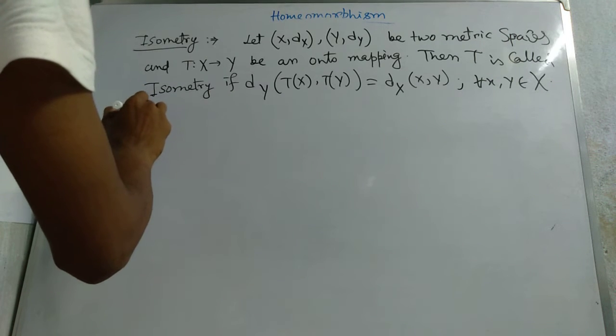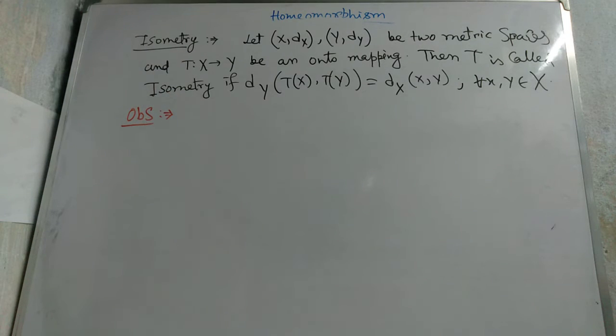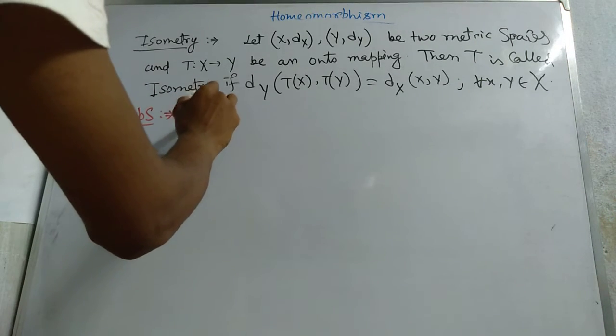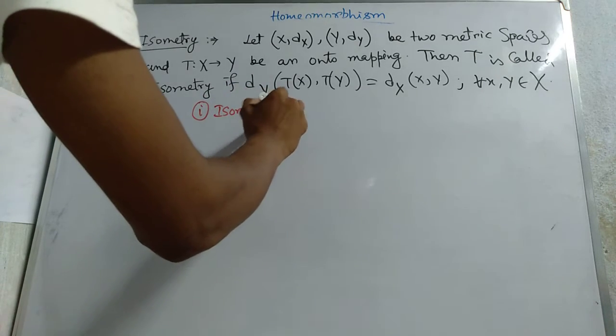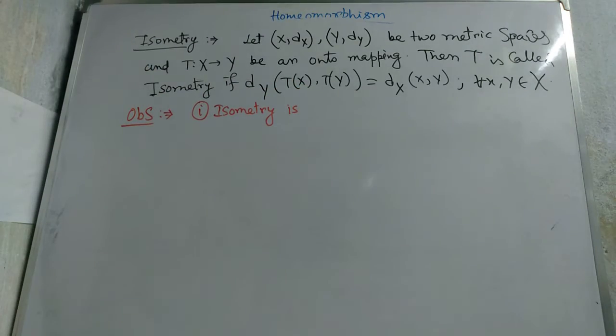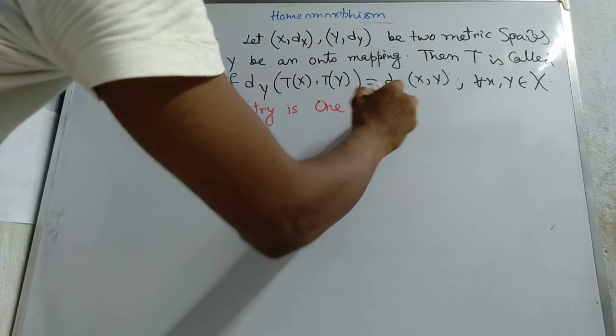Now we write this observation. Number 1: Isometry is one-one.